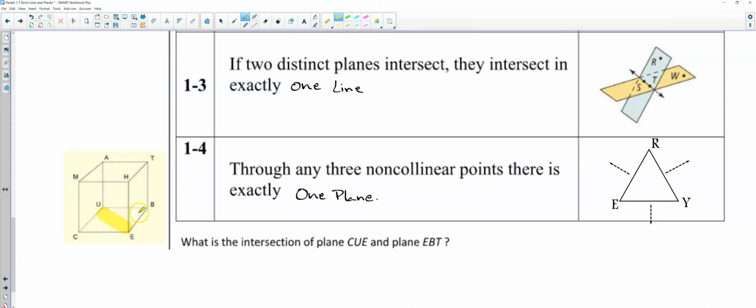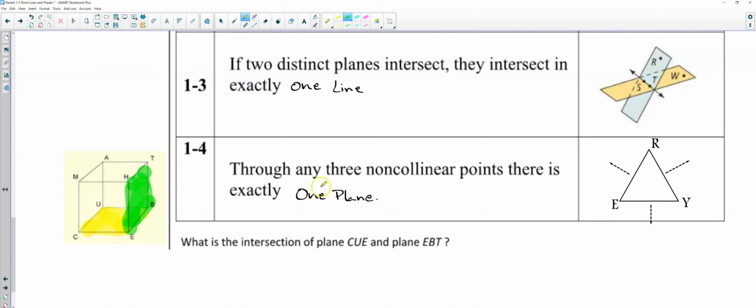That's plane CUE. Now, the other plane is plane EBT. Let's use another color. EBT denotes this side wall right here.